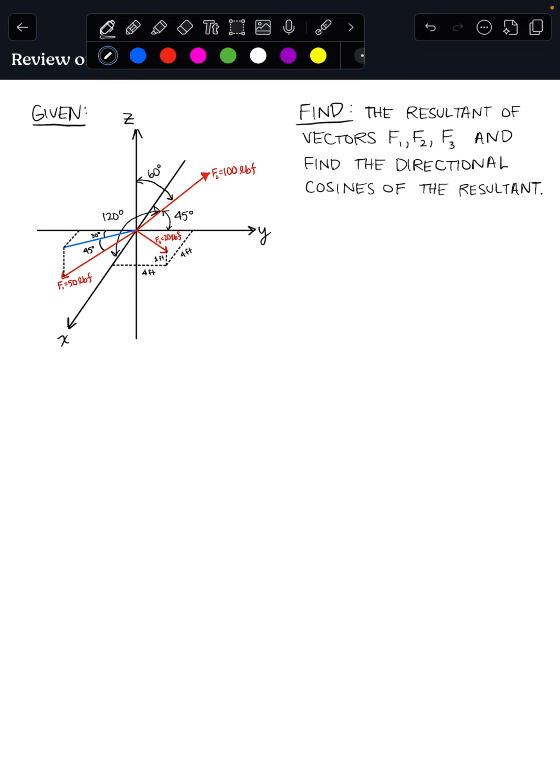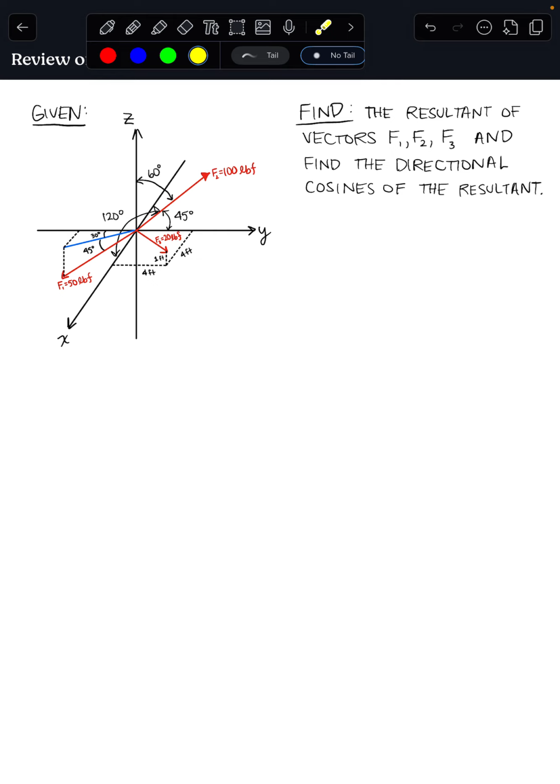So if we take a look at this example here, we've got three different forces, F1, F2, and F3. Those are the red arrows. And for each force vector, we're given different information about it. So for F1, we're given that we have this angle of 45 degrees that F1 is making to this blue line.